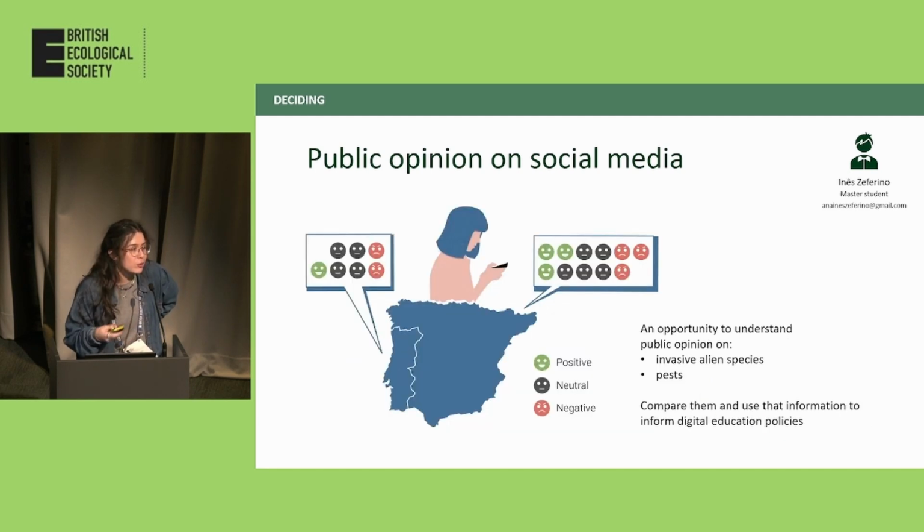This allows us to understand perceptions and sentiments towards these groups of keywords that represent our study target, and understand these perceptions online that, despite not being representative of the whole population, obviously, maybe can help us in making targeted education campaigns online, or even just understanding how the online public sphere works.